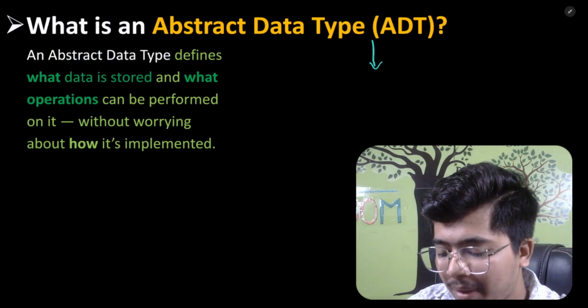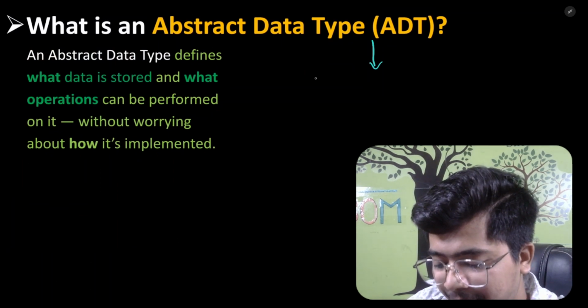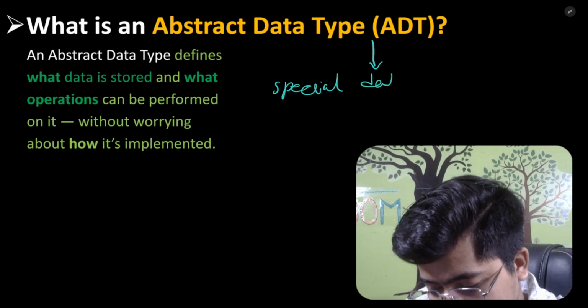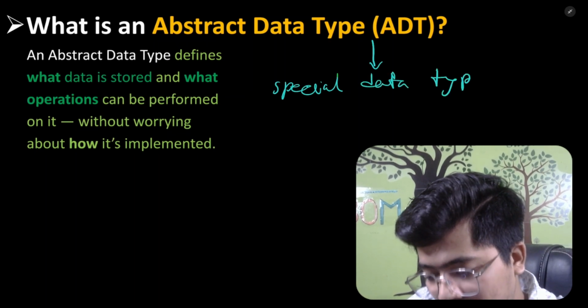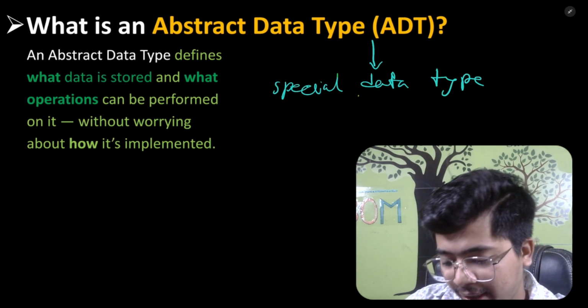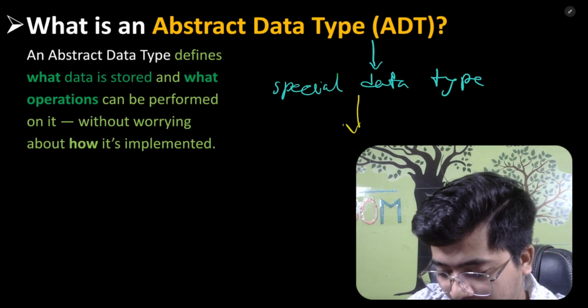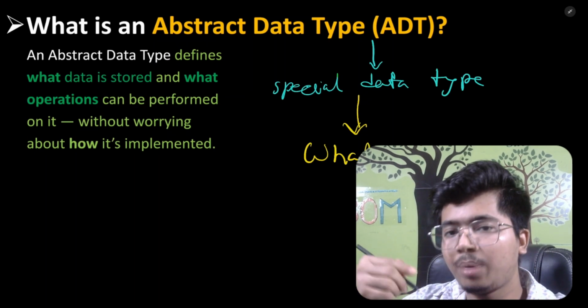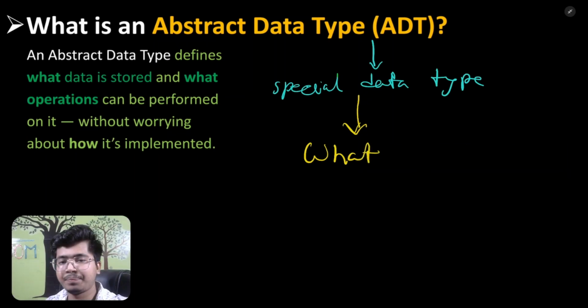So we can call it a special data type that only deals with one factor, called the what factor.